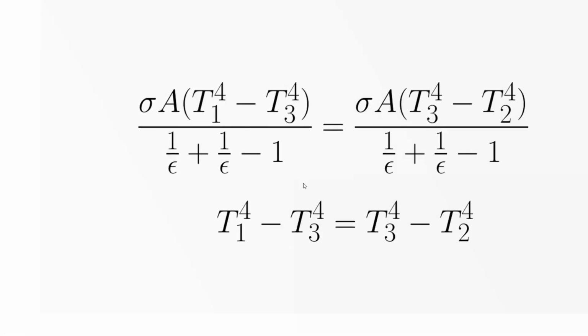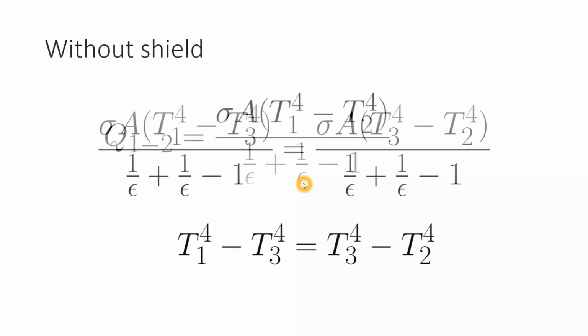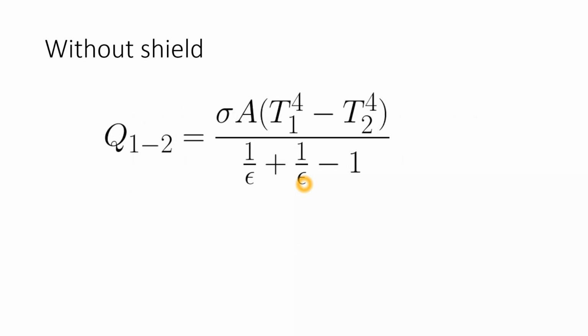Now we will go with the shield. When there is a shield in between and it achieves the steady state, first heat will transfer from first to third, then third to second. At steady state, heat transfer from first to third will be equal to heat transfer from third to second.